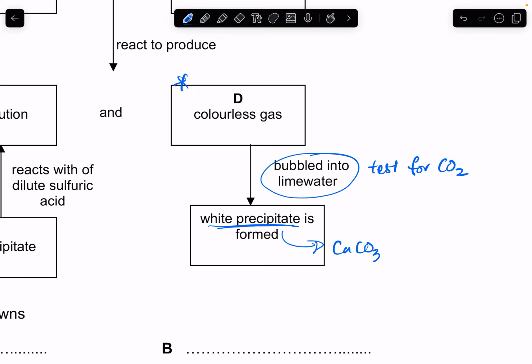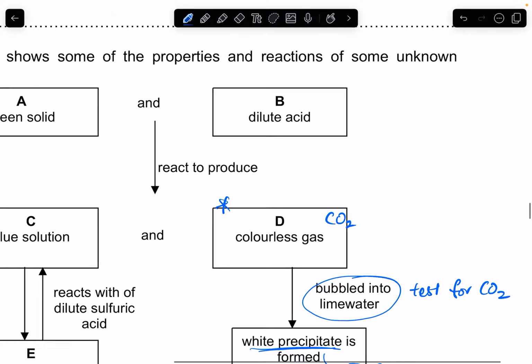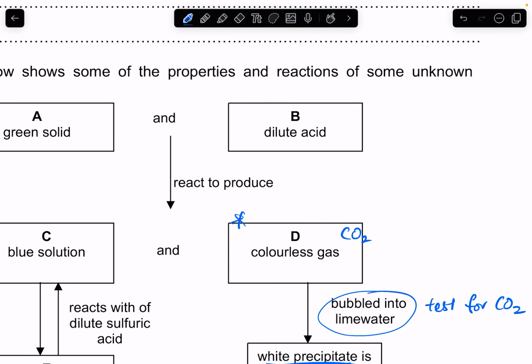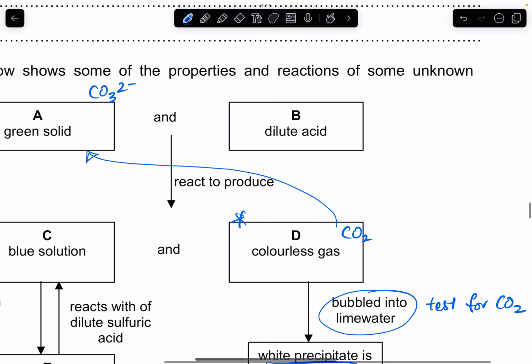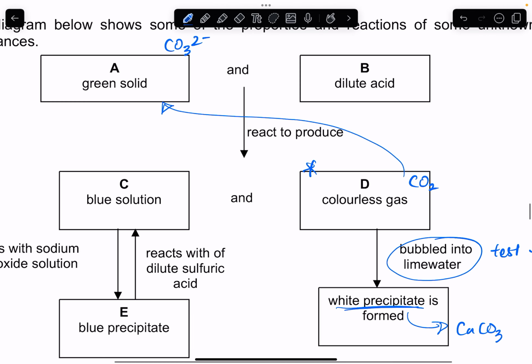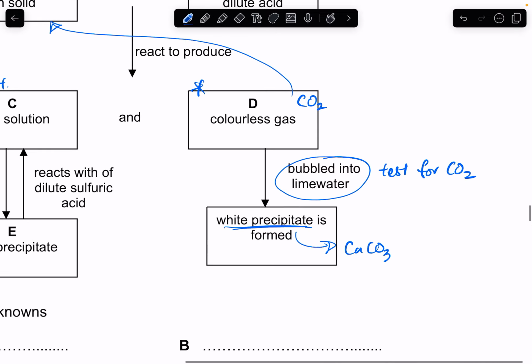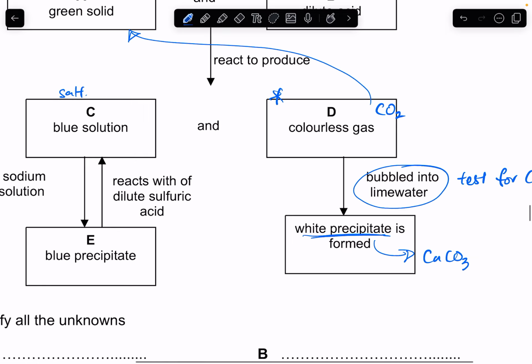This confirms that the gas is CO2, and it tells me that whatever it was from was a carbonate. So it's an acid carbonate reaction to give you a salt solution and carbon dioxide gas. So the right hand side I settled already.